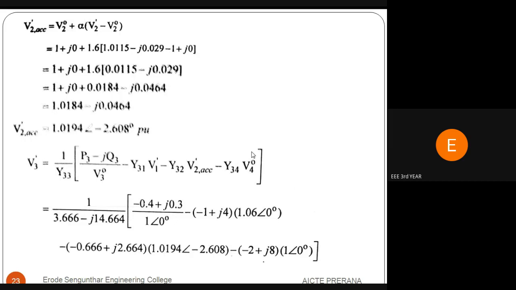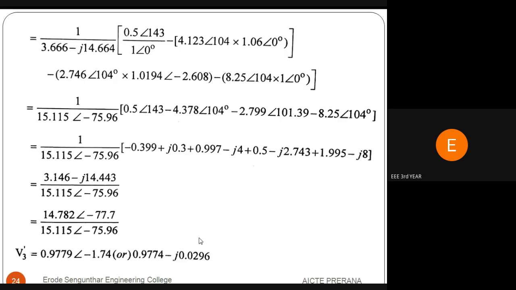Everything is given in the problem; we are just finding the Y bus matrix and substituting the values. So 0.4 plus j0.3 divided by the V3 old value, which is 1 at an angle 0, minus Y31. Y31 is taken from the Y bus matrix, minus 1 plus j4, times V1 dash, which is 1.06 at an angle 0. Again, we have to substitute these values.